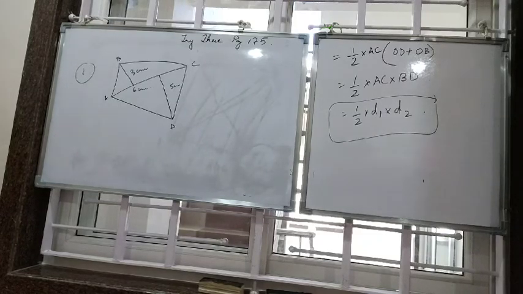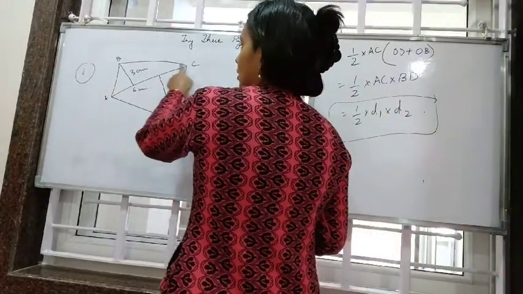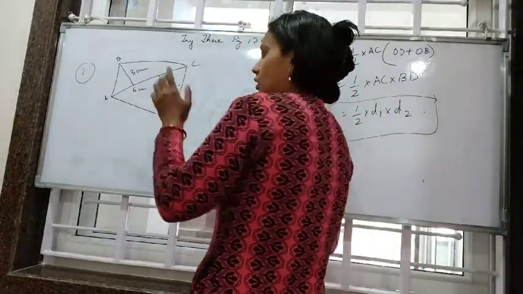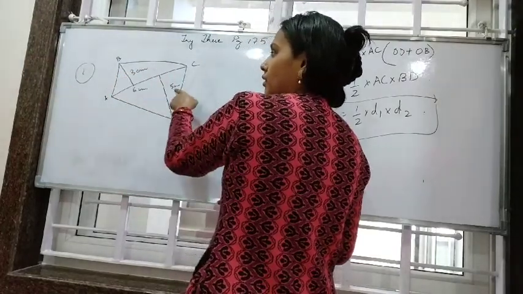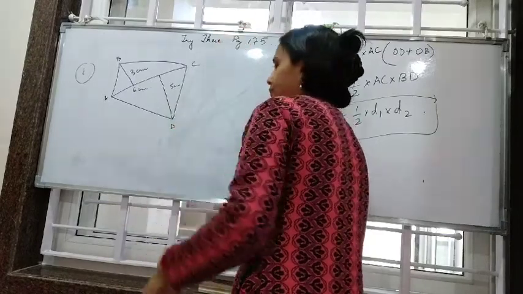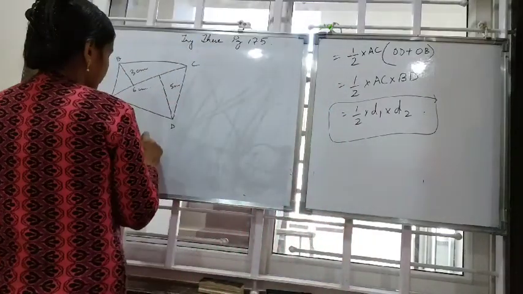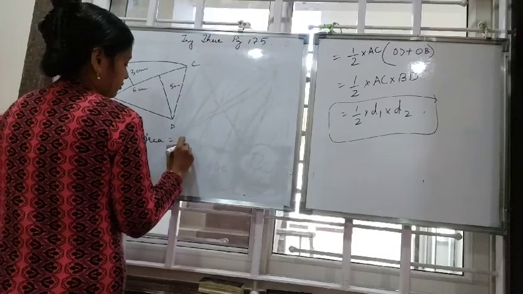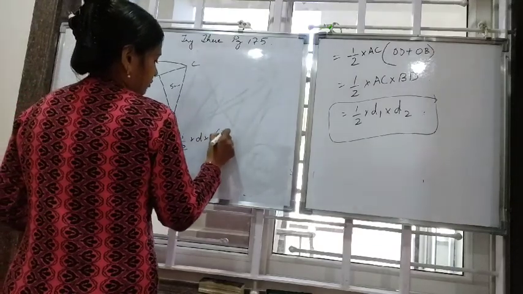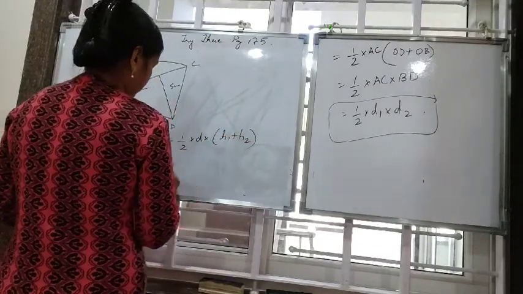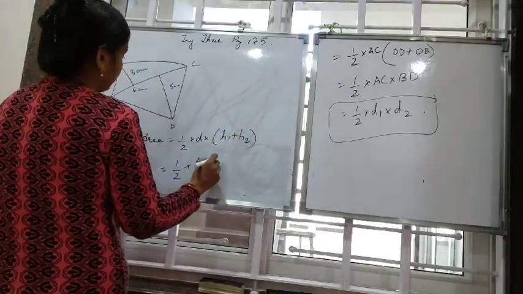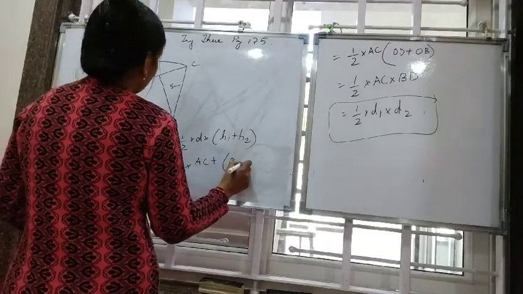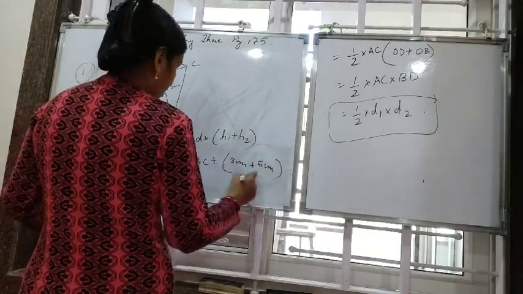So what is the area of the quadrilateral given by? Half of the diagonal into h1 plus h2, height 1 plus height 2. Let's do it. What is AC? 3 centimeter plus 5 centimeter.